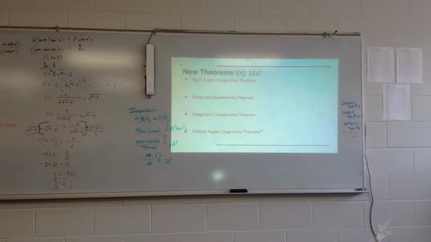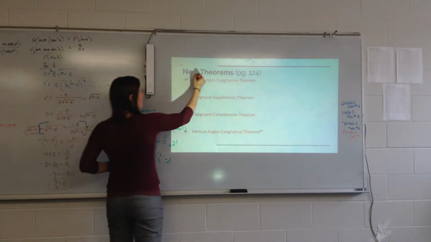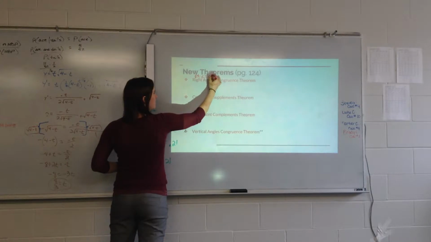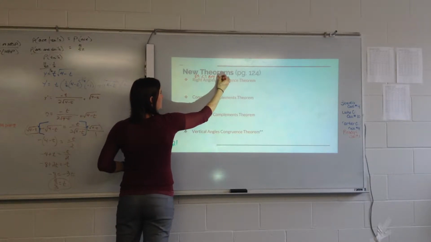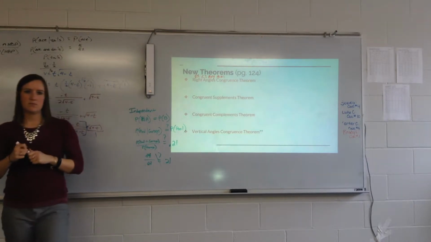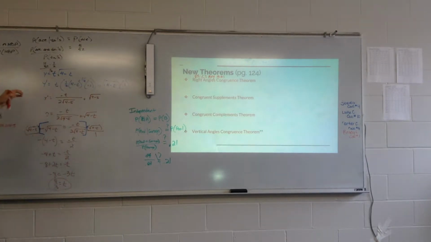But in the homework, you're going to use these theorems in the reasons, so you need to know what they are and what the names are of them. And once again, in the reasons, you can abbreviate like RT. You can even write that symbol, congruence theorem. Theorems abbreviations are always THN. So that's an example of how you can write it if we use them in the reasons part.